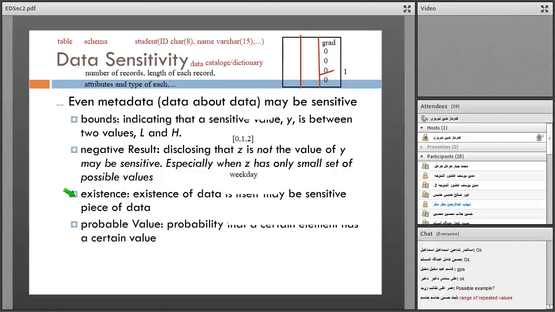Existence of data is itself maybe a sensitive piece of data. The existence of data means: is there such information or not? For example, I go to a research lab, and I want to see if they have information about a COVID vaccine.